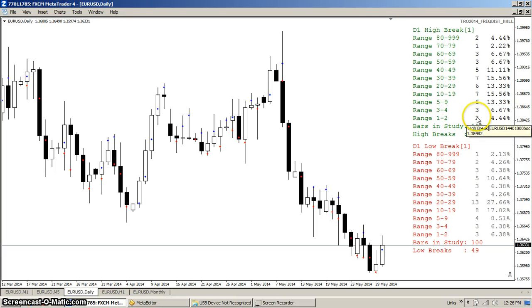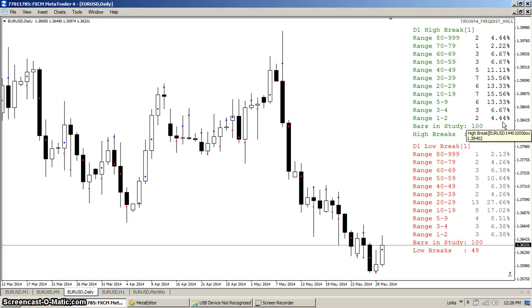So you can see here, 1 to 2 pips, only 2 times. 3 to 4, 3 times. 5 to 9, 6 times. So you can get 5 pips or more about 89, almost 90% of the time, based on statistics. It's not probabilities, it's statistics.